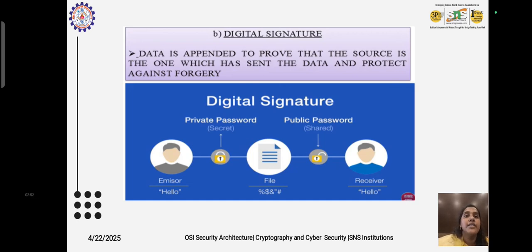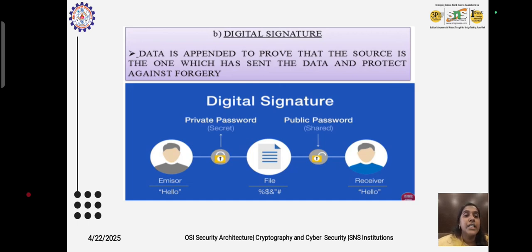Next is digital signature. A digital signature is data which is appended to prove that the source is the one which has sent the data, and to protect against forgery. It consists of a private key and a public key, known only between the two persons.